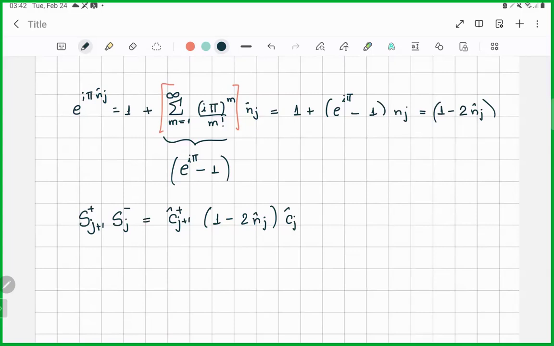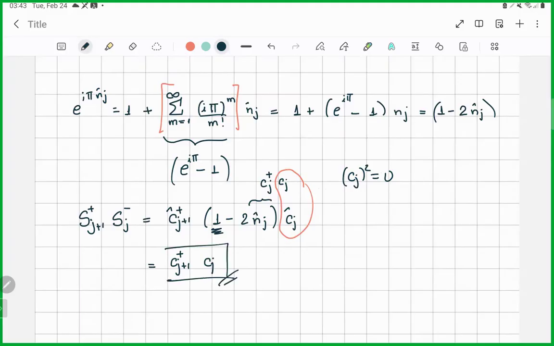Okay, so these are operators. But the good thing is that we are dealing with fermions. And so this number operator here is C dagger C. And for the same reason that we said before, here we have C square, and C square is 0. And so you see that the only term that will survive is this one, which is our C dagger C. So you see, it was not a simple step.